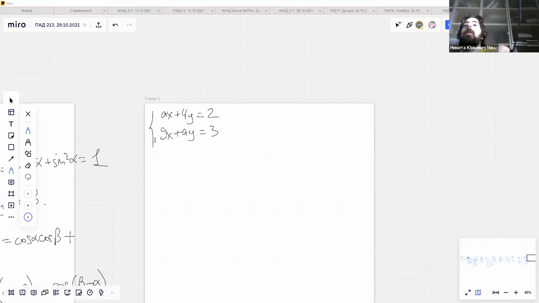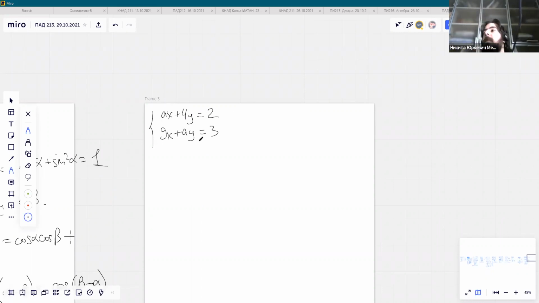Right. So here is another problem where we also have a parameter a here and here.